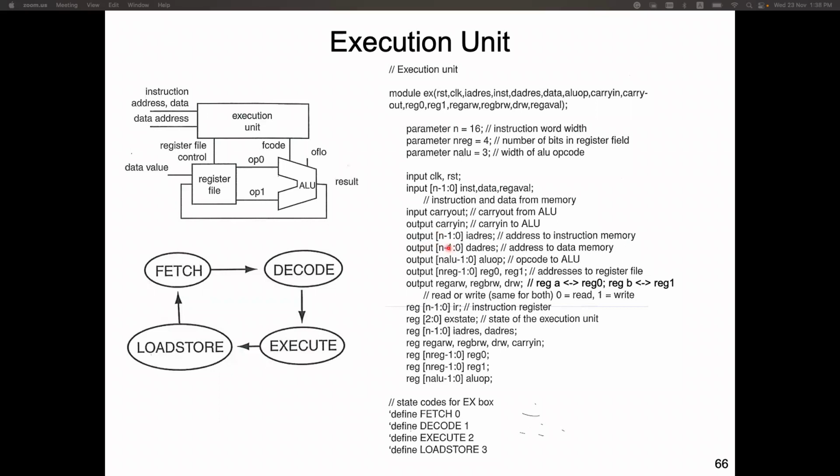Then the output ports, we have the instruction address, to read the next instruction. We need a 16-bit long word.